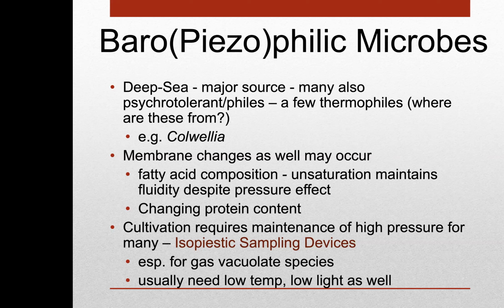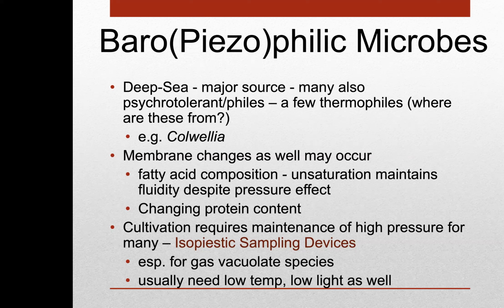So we need to use things like isobaric sampling devices, which is basically a fancy way of saying pressure chambers, right? So we would send a pressure chamber down, close it up, grab that water, bring it up, and keep it pressurized. And then when you culture it, you would need to culture them under high pressure as well. That's a lot trickier than just grabbing samples.